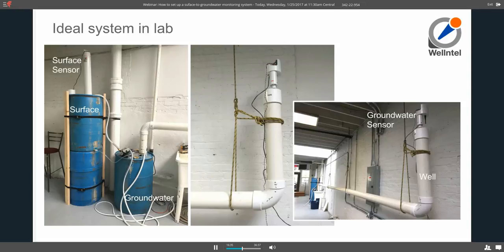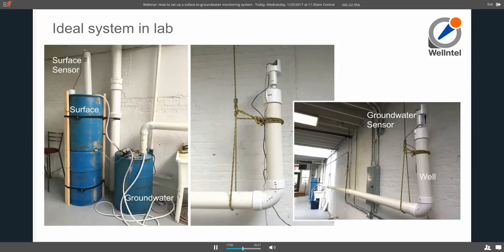If you look to the image on the far right, however, what you'll see is that at the other end of this groundwater system is a Wellntel sensor atop what we're calling an artificial well. So this well, in fact, makes 2 turns, 2 90-degree turns, in order to allow us to have this thing in a place with a roof that's only 10 feet high or 11 feet high, but it's indeed a 38-foot or so groundwater well.